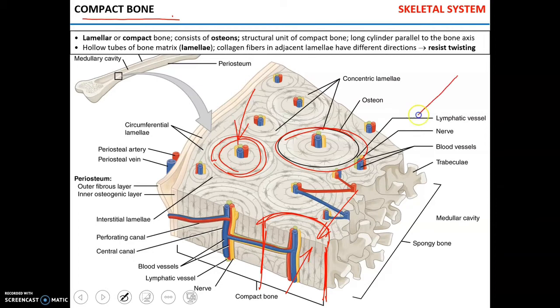They are directed at an angle. So that angular relationship of collagen fibers' directionality in adjacent lamellae makes osteons especially resistant to twisting forces, therefore making a bone especially resistant to twisting forces.